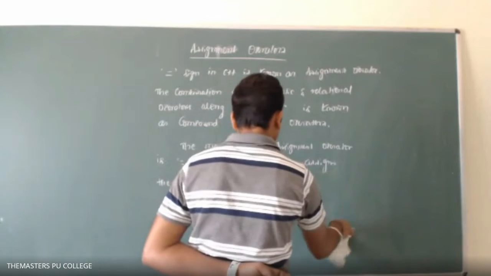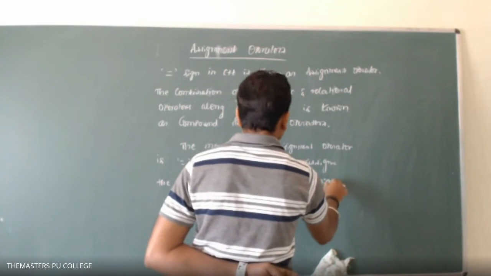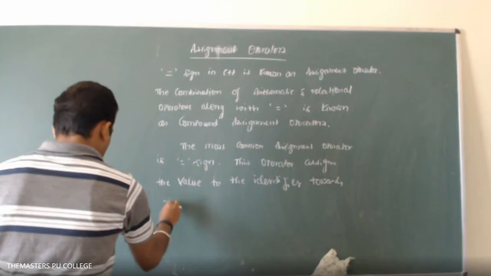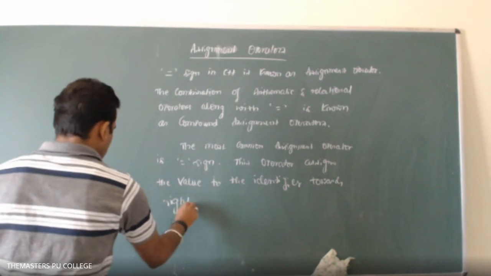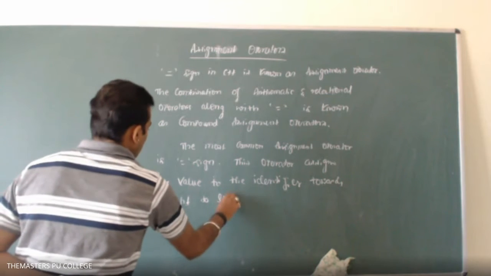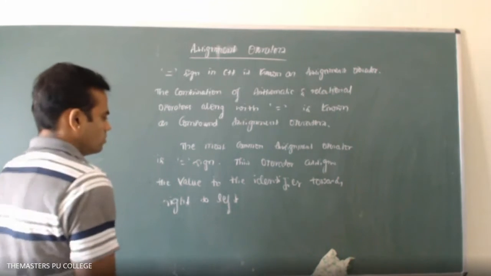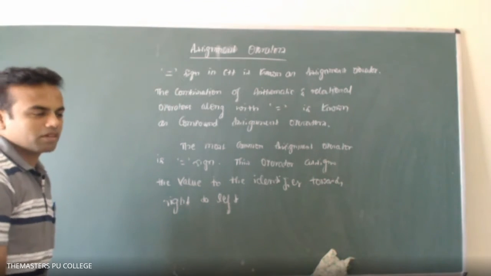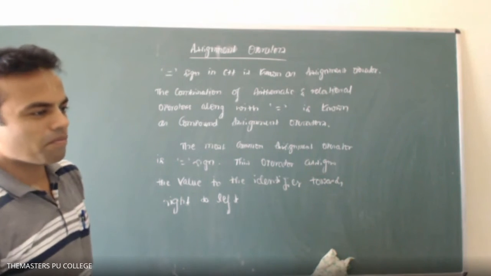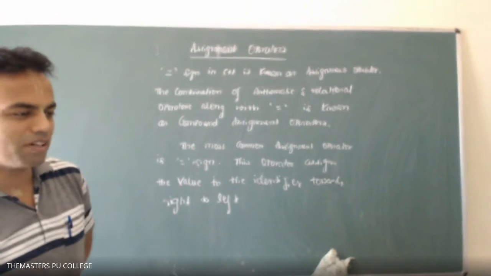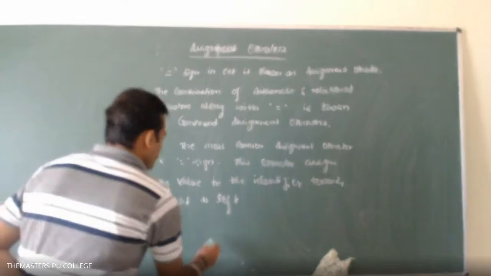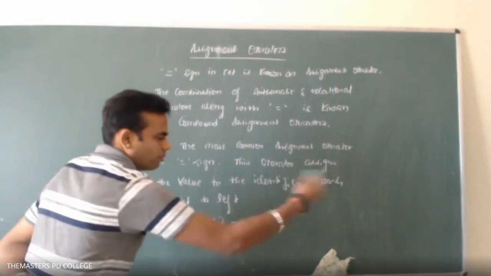The assignment goes from right to left. So, a is equal to some value.